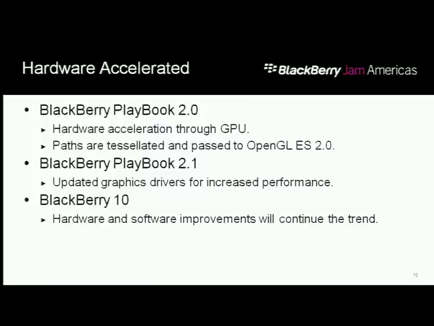So applications previously running at maybe 10, 20 frames per second are now running at 50, 60 frames per second. With the hardware acceleration on the GPU, we saw a huge increase in performance, and now we're seeing, again, another huge increase in performance. And with BlackBerry 10, it's even better. Comparing 2D and 3D applications on the latest version versus BlackBerry 10, there are huge performance improvements still.